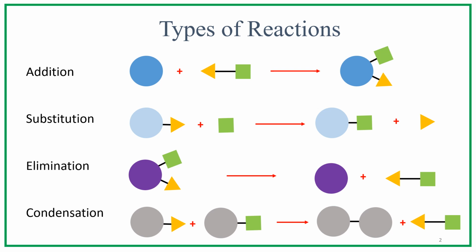Normally in organic compounds, condensation reactions take place to form big molecules. Two circles combine together, and big molecules are formed by leaving small molecules such as water or ammonia. That type of reaction can take place in organic chemistry.